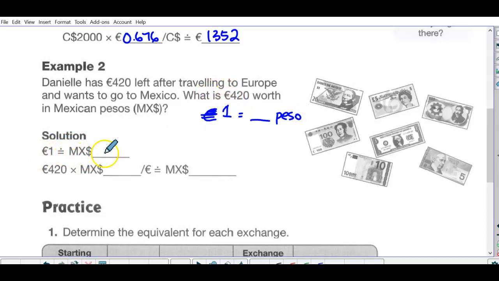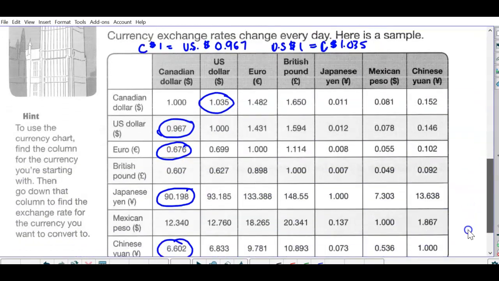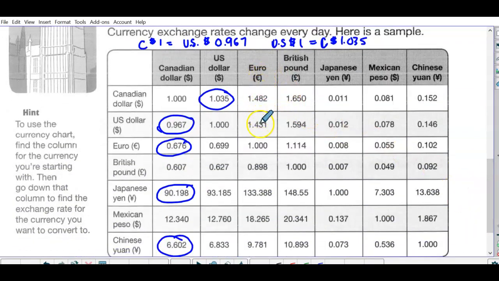So they've got a space for it here. Let's take a look. So we want to start with euros. So that's this column, and look for Mexican pesos. So it would be 18.265.